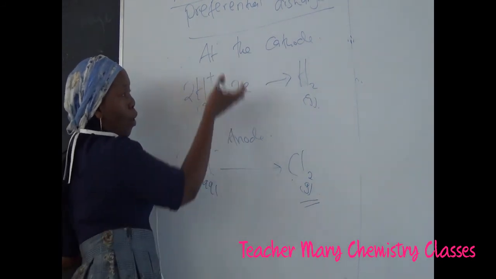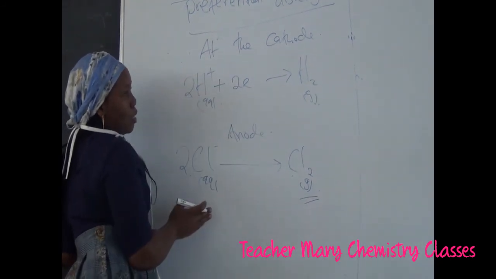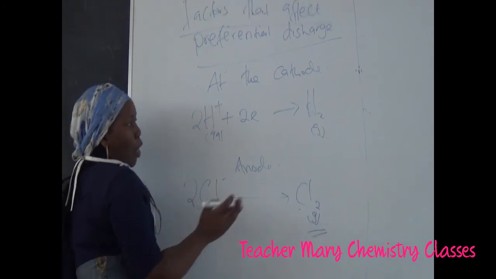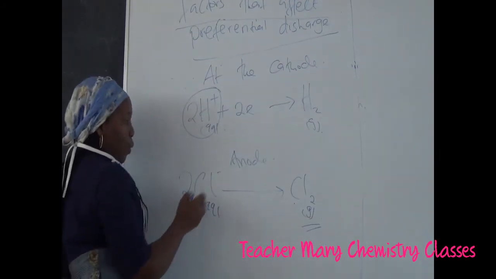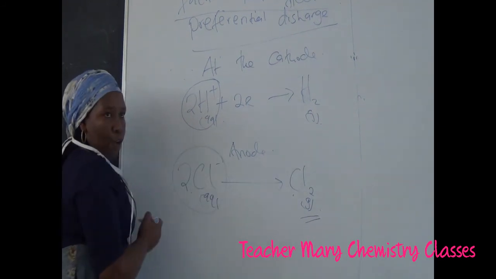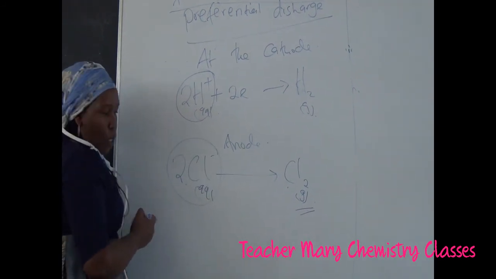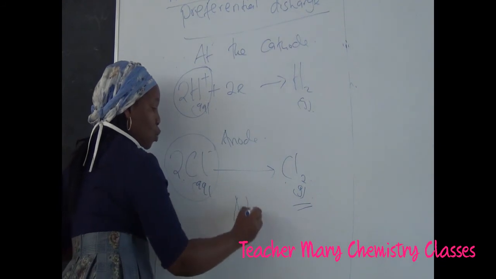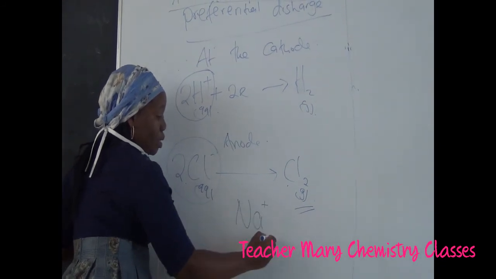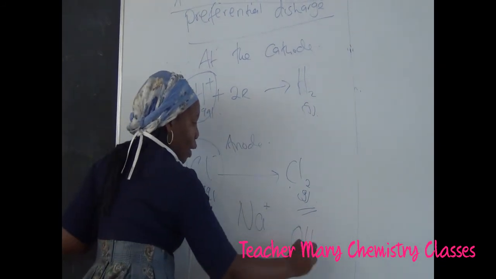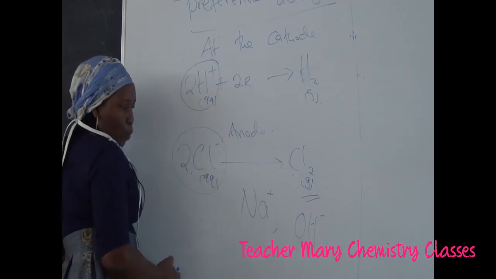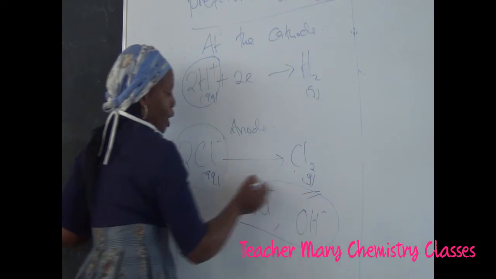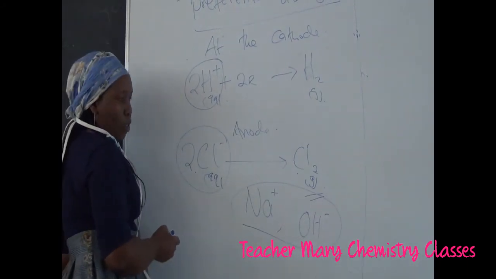So in this whole process of electrolysis of brine, we are removing the hydrogen ions and the chloride ions from the solution, and we are left with sodium ions and OH ions. So what happens to the pH of this solution?